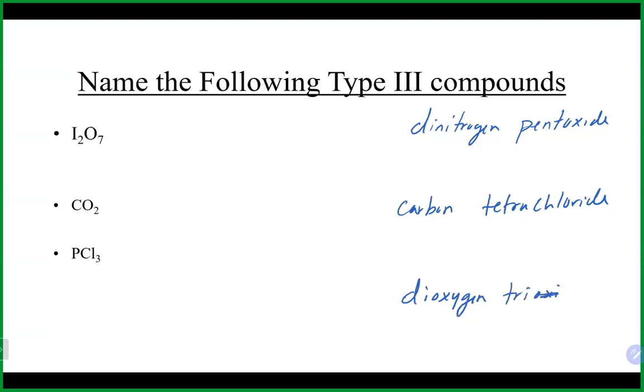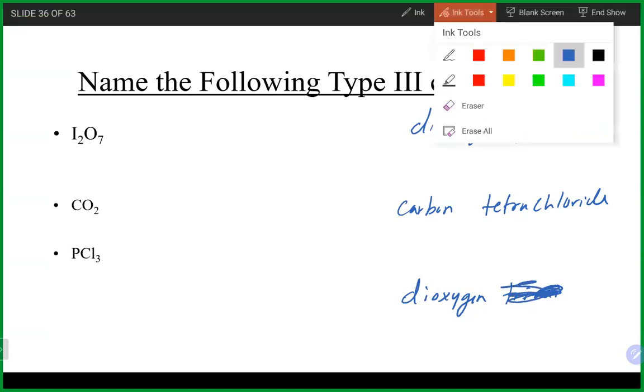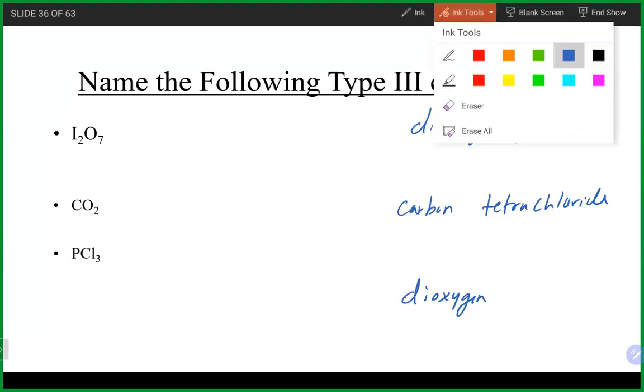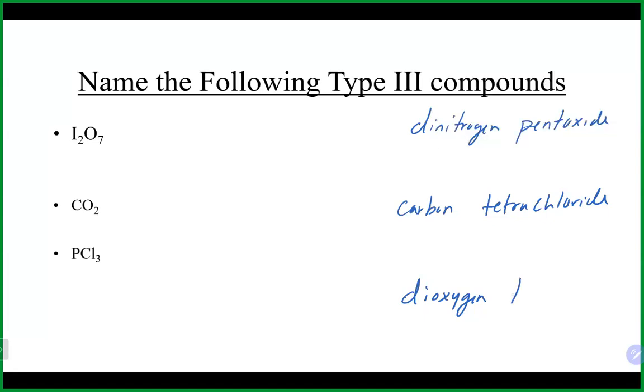I'll just try. I'll do trisulfide. I'll just make something up. Probably doesn't exist. We'll just go with it. All right, left-hand side there, proper names. Right-hand side, proper formulas here.